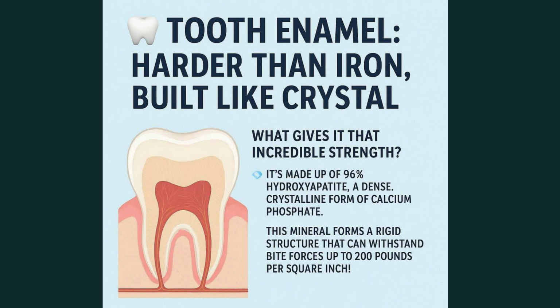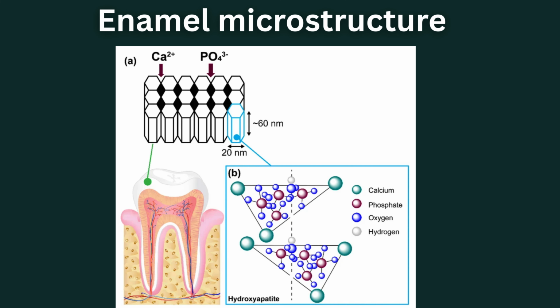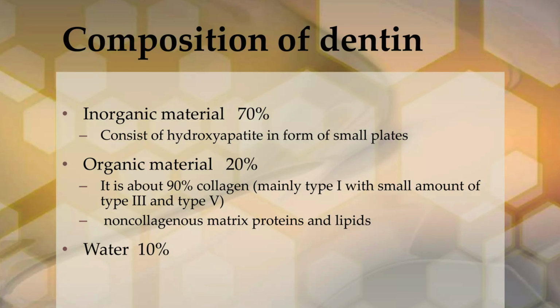Structure of dental substrates, enamel and dentin. Successful adhesive bonding requires understanding the structural differences between enamel and dentin. Enamel is highly mineralized, approximately 96% hydroxyapatite, and relatively dry. Acid etching produces microporosities within enamel prisms, enabling resin penetration and formation of resin tags. Adhesion to enamel is therefore predominantly micromechanical.